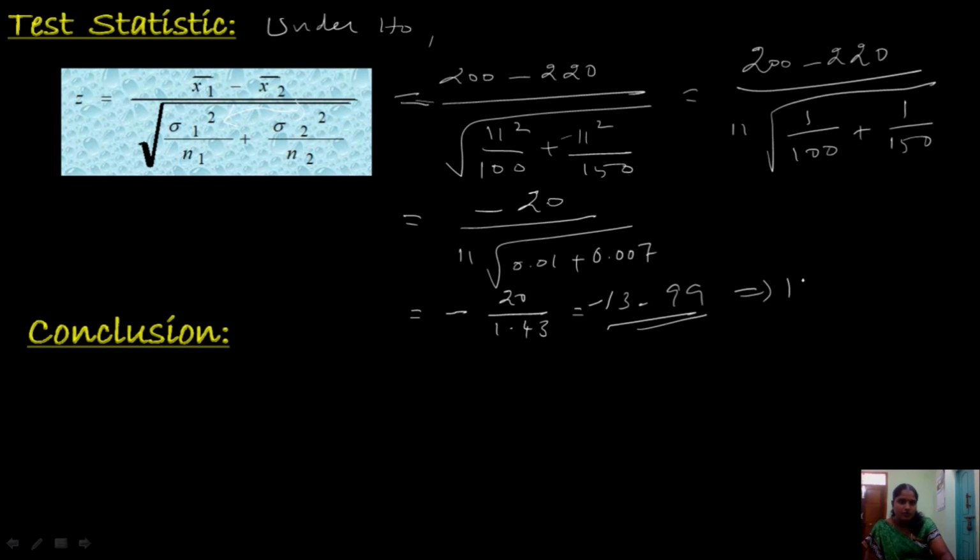So my absolute value of z, minus becomes positive, 13.99.